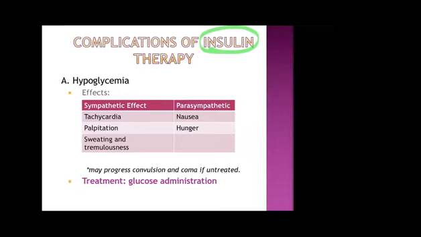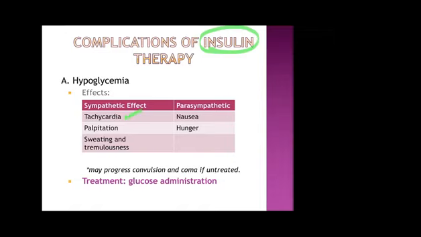So the following are the effects caused by hypoglycemia during insulin therapy. Kung may kakilala kayo nag-undergo ng insulin therapy, they are at risk for hypoglycemia always. And ito yung mga nararamdaman nila.